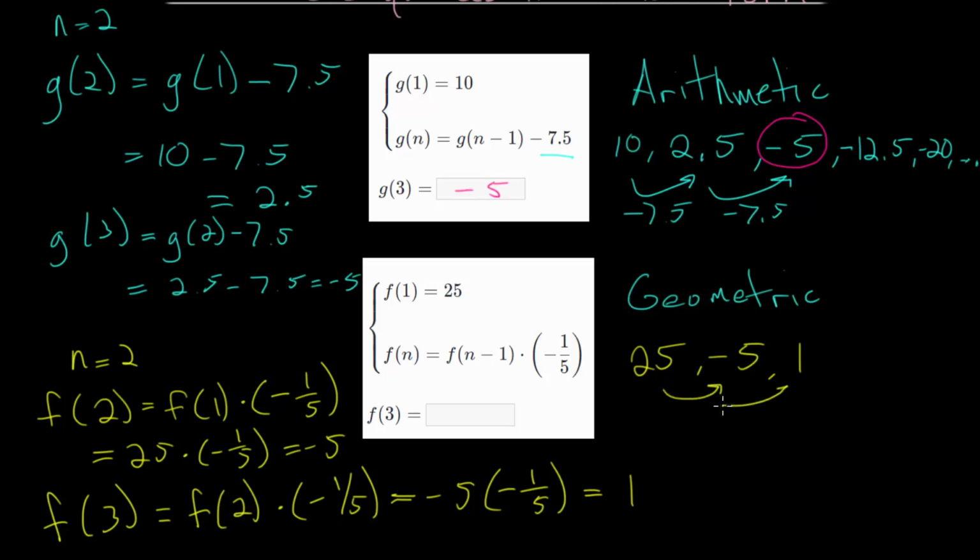Going from one term to the next, we are just multiplying by minus 1/5. So the next one would be 1 times minus 1/5, which is just minus 1/5. The term after that would be positive 1/25, and this goes on forever as well. We just need to find the third term, which was 1, so we'd put 1 into our box here.